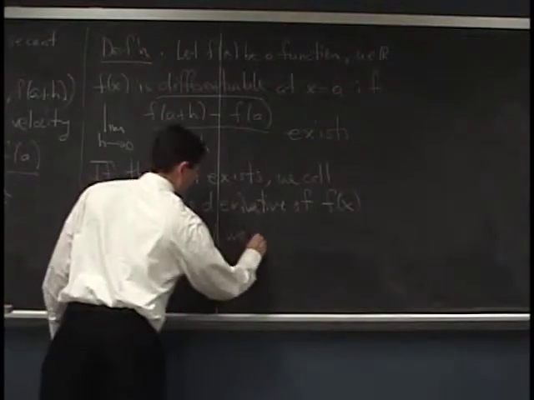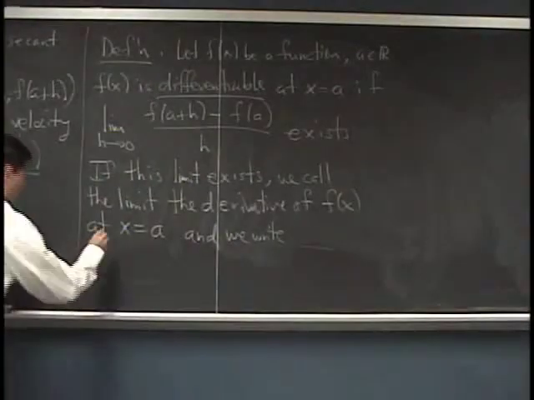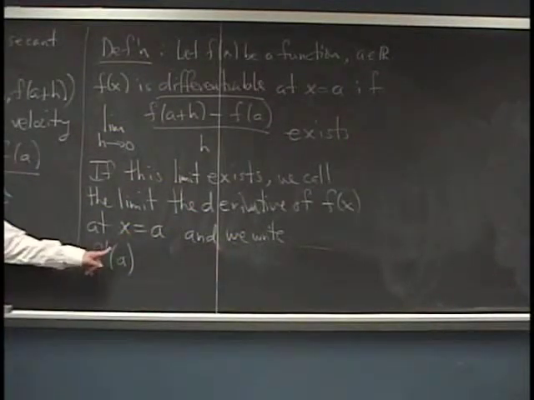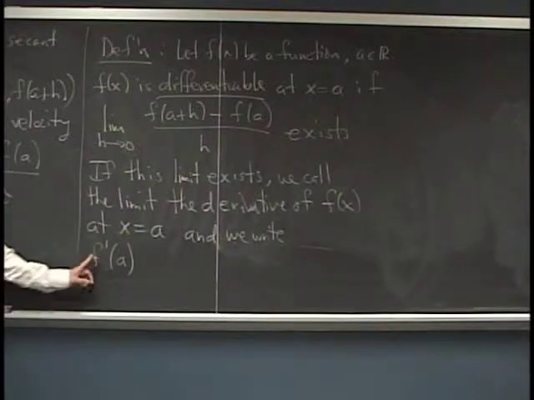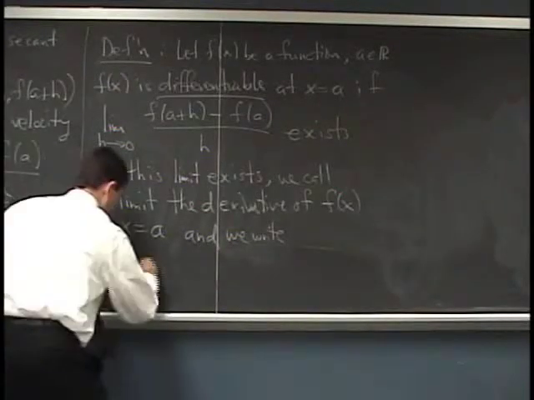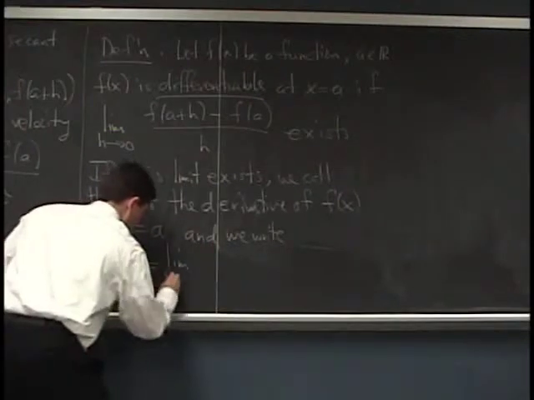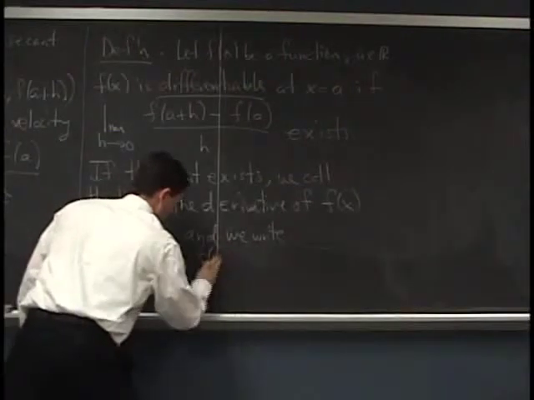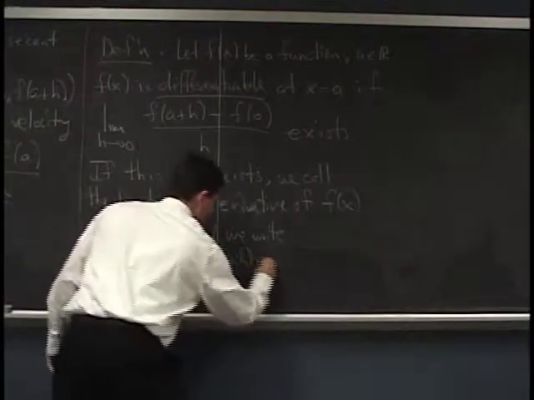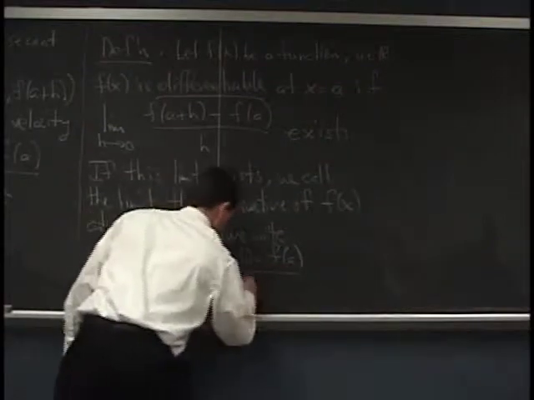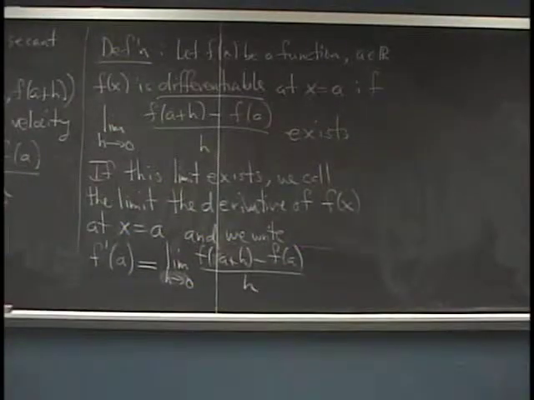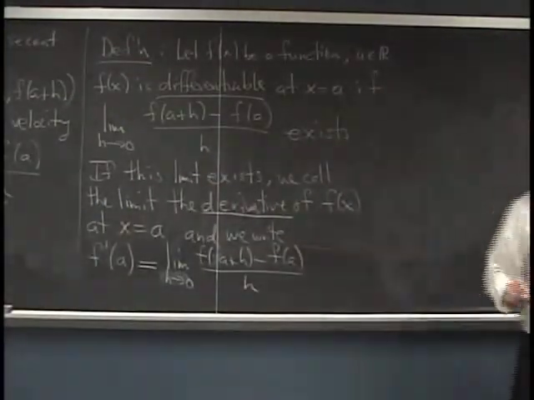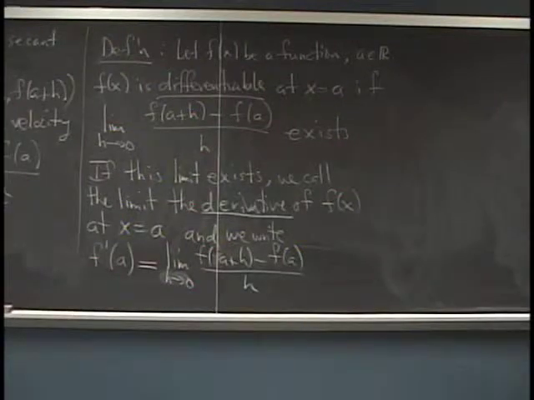And we write, so the most typical thing that I'll write is I'll call this f prime of a. This means the derivative of f at a. And this is just by definition. It's just this quotient. That's the definition of the derivative.